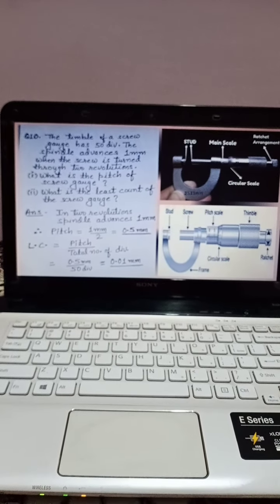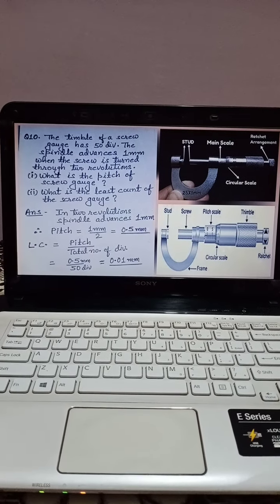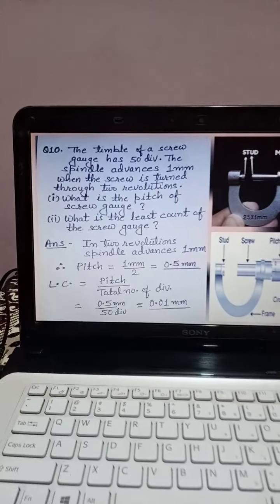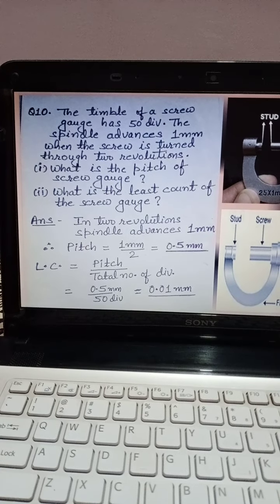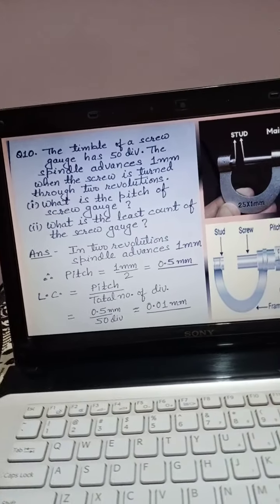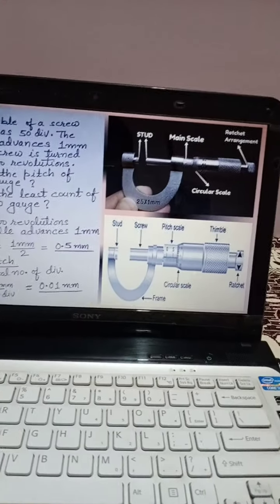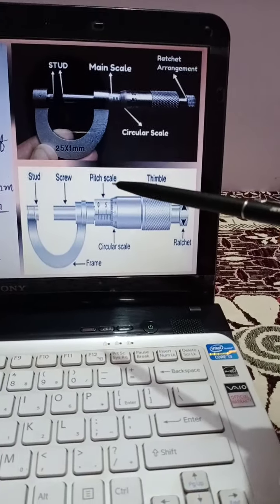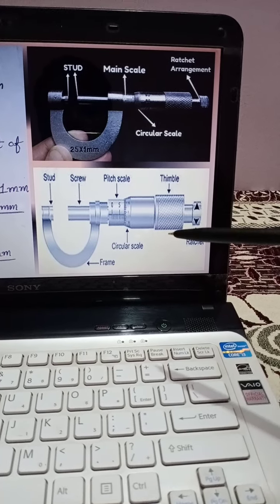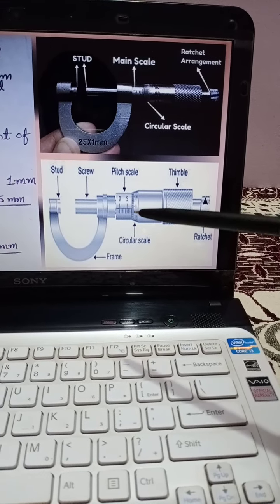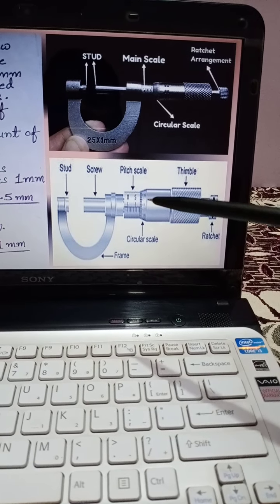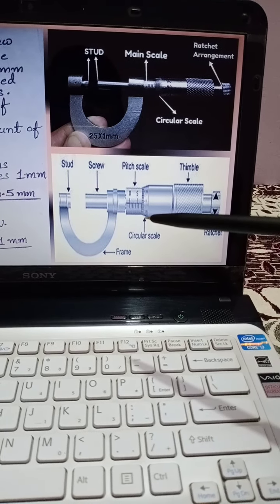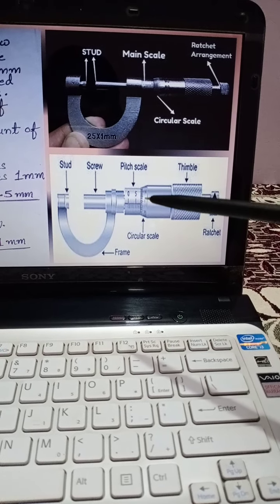Next, in the case of the next numerical, it is given that the thimble of screw gauge has 50 divisions. In the last numerical the circular scale had 100 divisions, and in this case the circular scale has only 50 divisions.